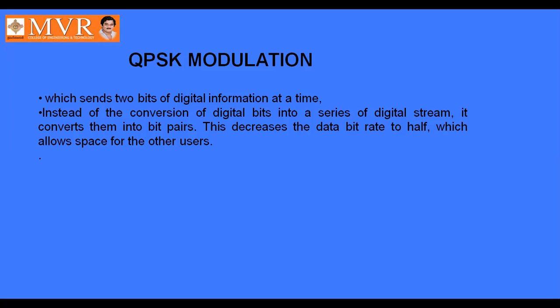The QPSK modulation sends 2 bits of digital information at a time. Instead of converting digital bits into a series of digital string, it converts them into pairs. By using grouping, we can decrease the data bit rate to half, which allows space for other users.